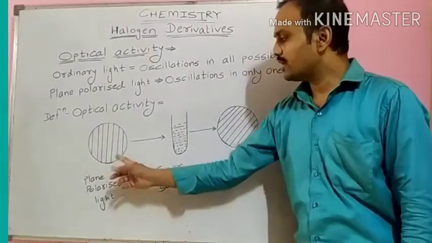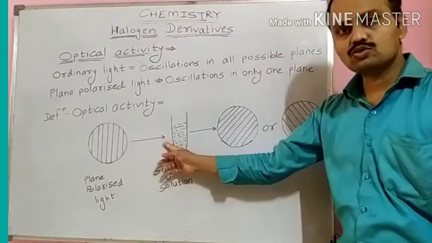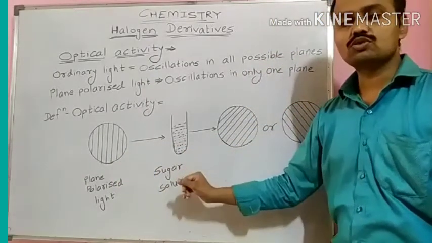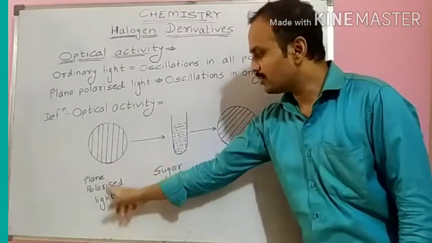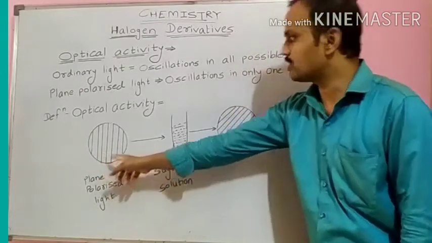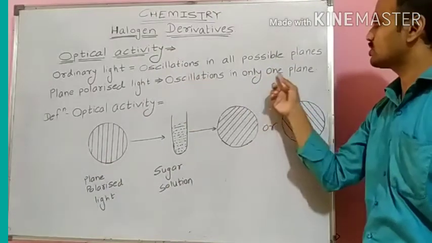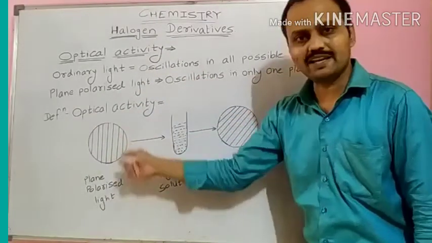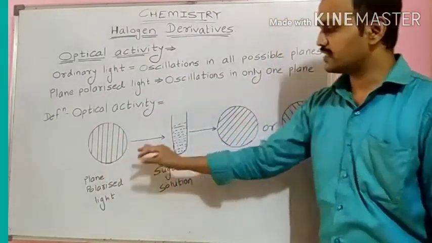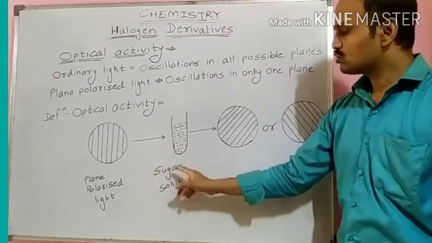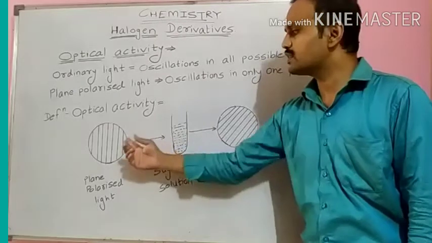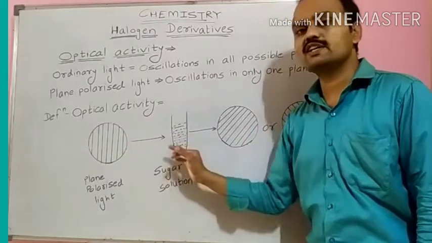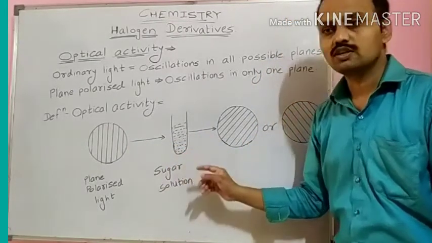When plane polarized light is passed through a sugar solution or lactic acid solution, remember it oscillates in only one plane. We pass this plane polarized light through sugar solution or lactic acid solution. What happens when such plane polarized light is passed through sugar solution?